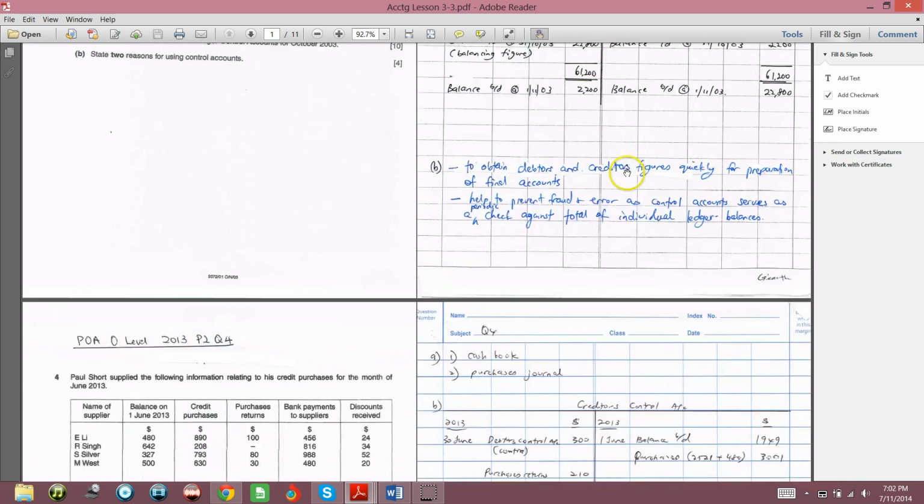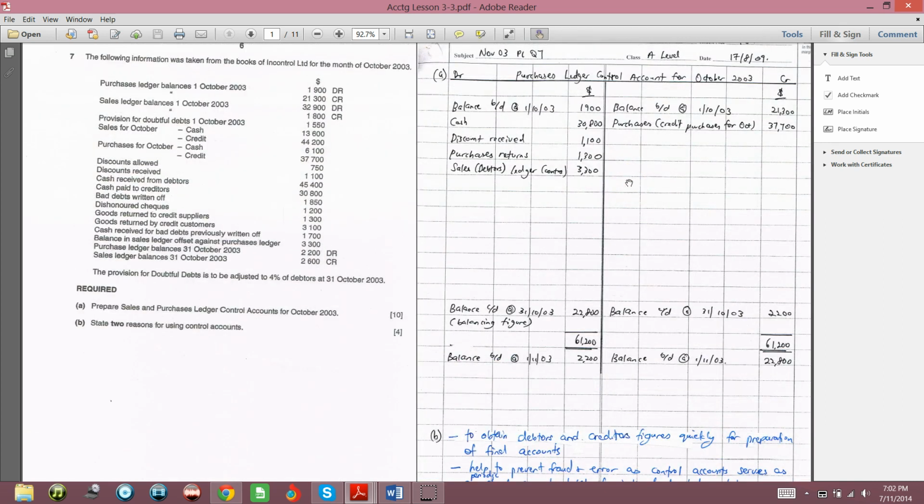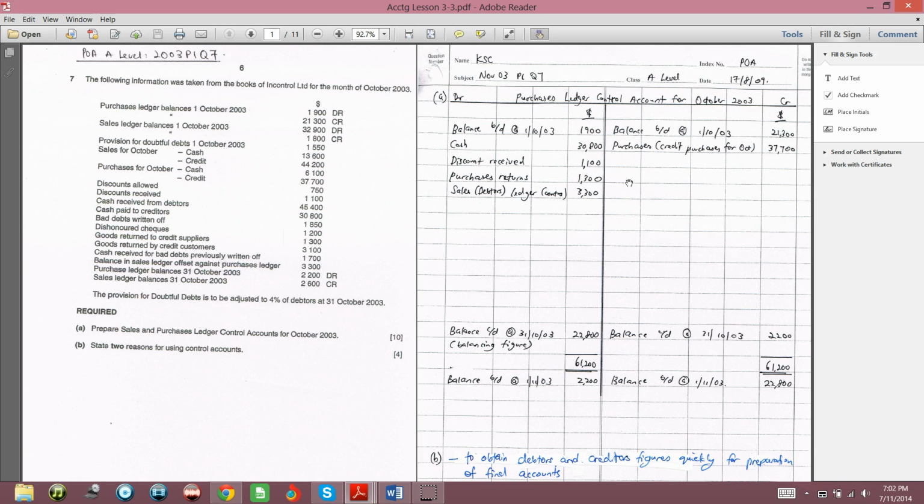This one is the purchasers ledger control account, and I will show you this one. Those taking the correspondent courses can do up the sales ledger control account and send it to me for marking. Purchasers ledger control account means the same as creditor control account.